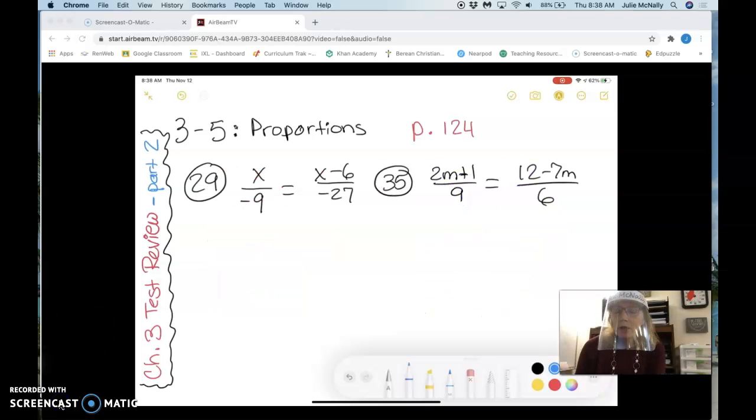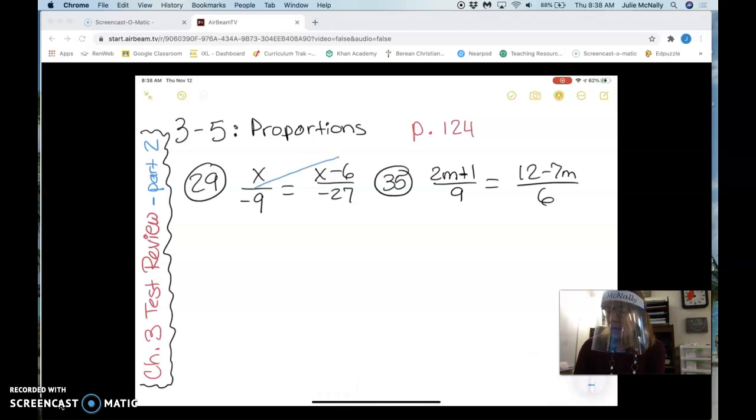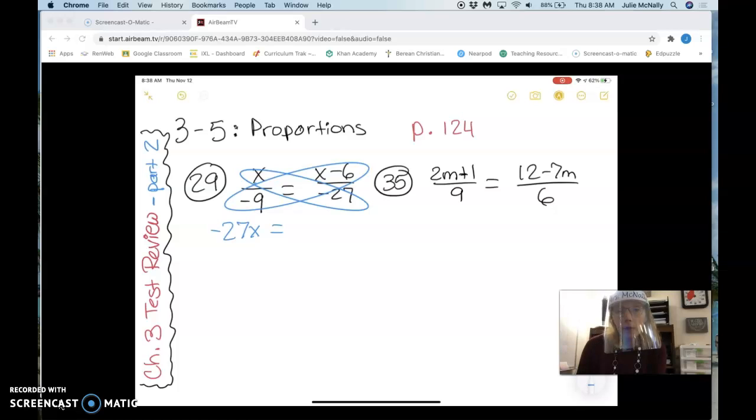For our last two examples, we have a little bit more complex problems, so we're just going to go through the steps on how to solve them. And x times negative 27, negative 27x. And then on this side, I'm going to have to distribute again. So I'm going to write it out before I multiply.